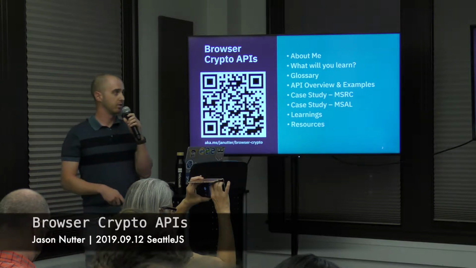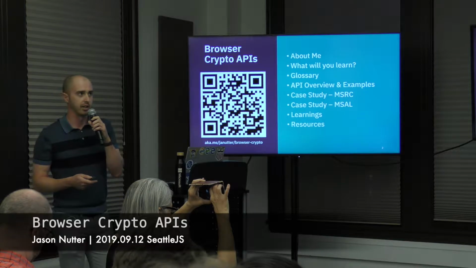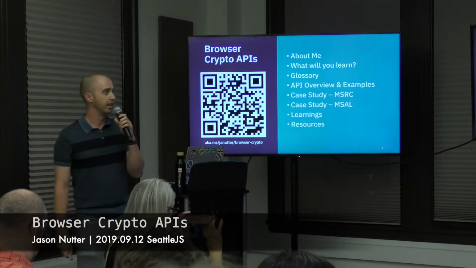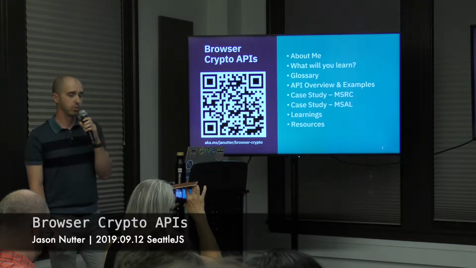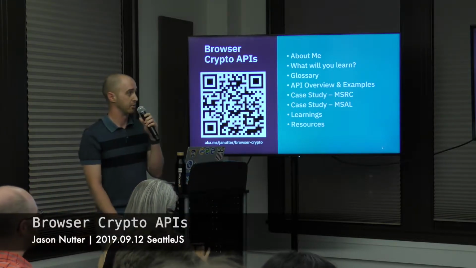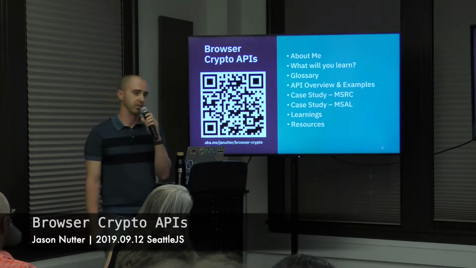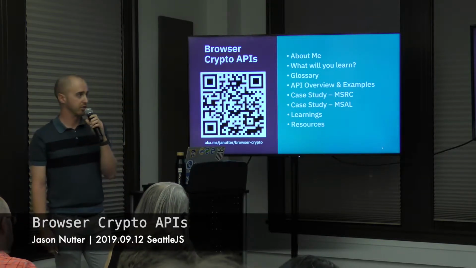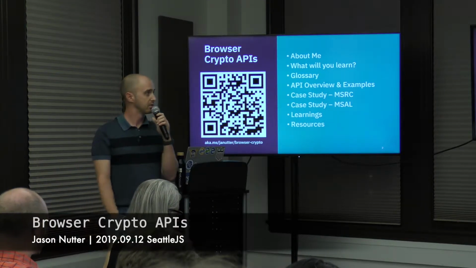Then we'll go into the actual APIs themselves, give an overview, and also some concrete examples. And then we'll do two case studies. One is the Microsoft Security Response Center, MSRC, and the other one is Microsoft Authentication Libraries, which is what I work on at Microsoft. And then at the end, we'll do some learnings and some additional resources.